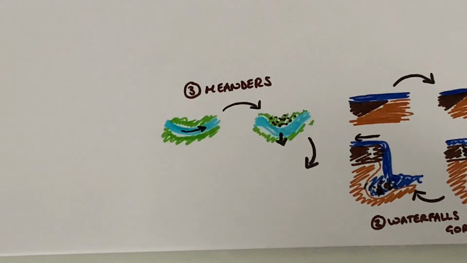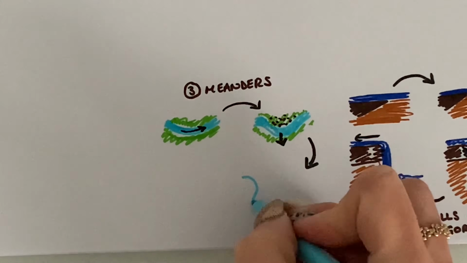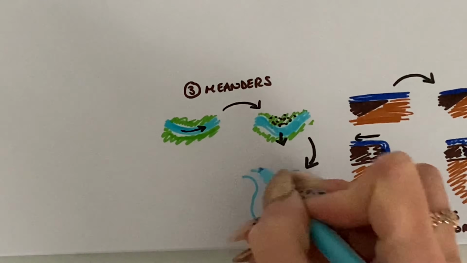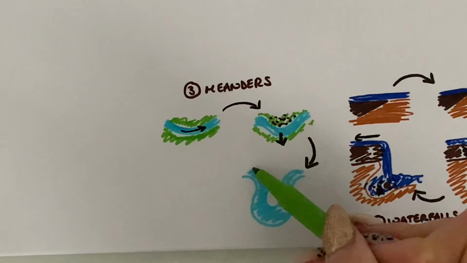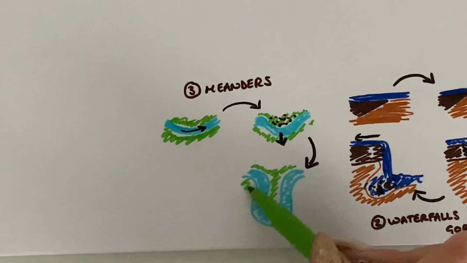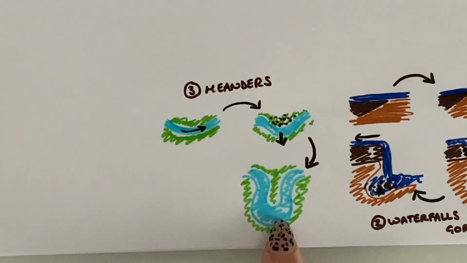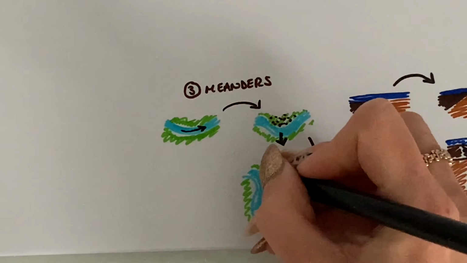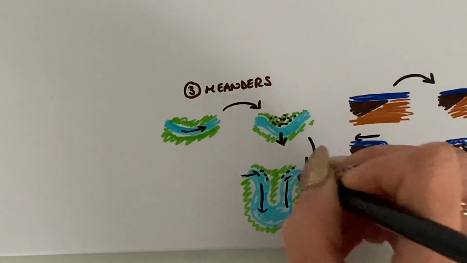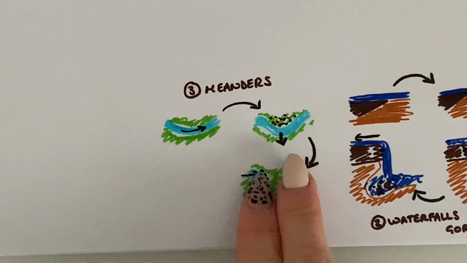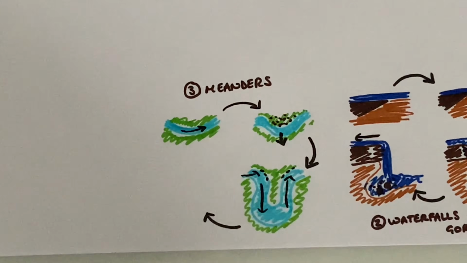Now, over time, the process of erosion and deposition encourage the meander bend to become more extreme, which is what you're seeing me draw now on the screen. Now, as you can see, that bend is becoming more extreme. And as this occurs, the river current will begin to erode the neck of the meander through lateral erosion.